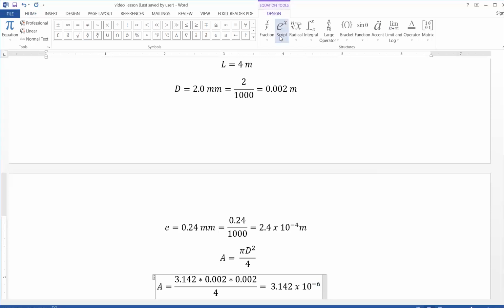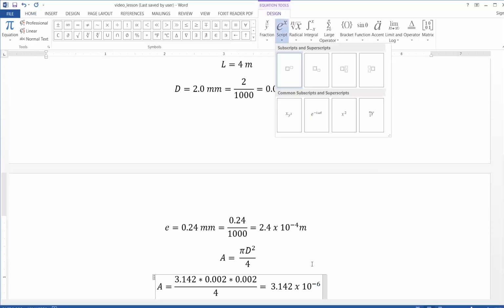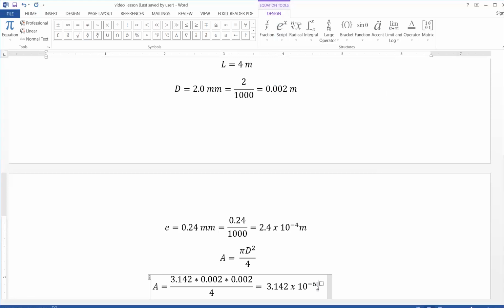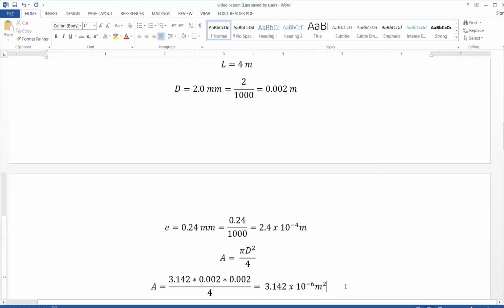Remember to put your unit as a standard in physics, meter squared.